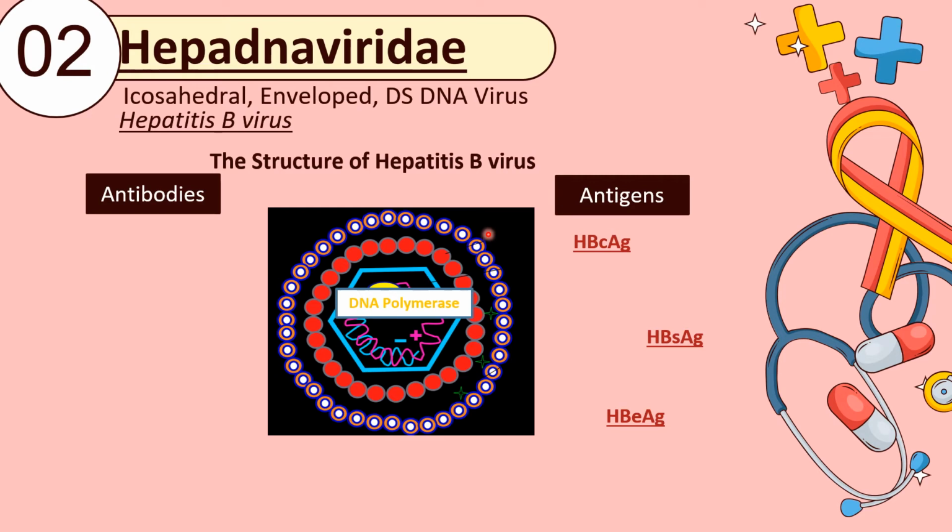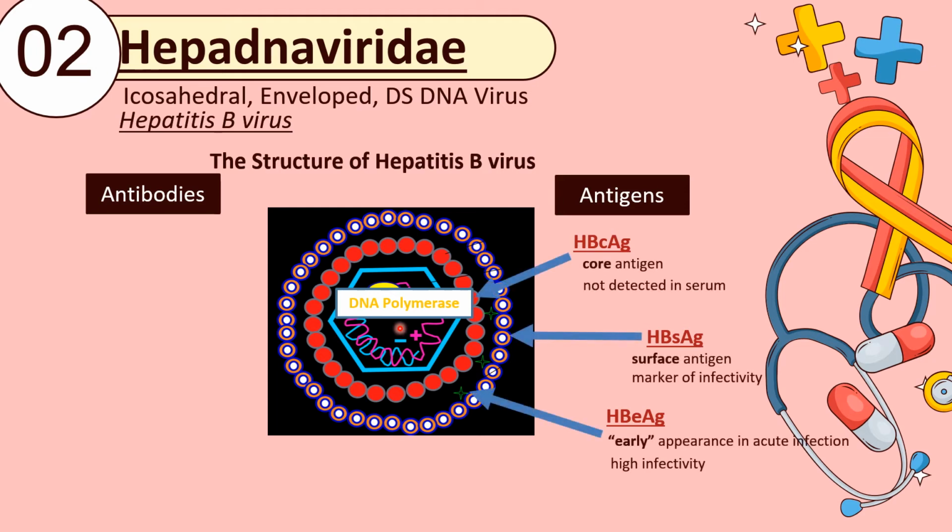So, with this virus, we have three important antigens: the HBc antigen, the HBs antigen, and the HBe antigen. HBc antigen, or the core antigen, since it is found in the core of the virus, is not detected in the serum.